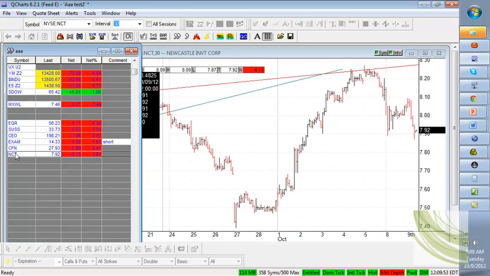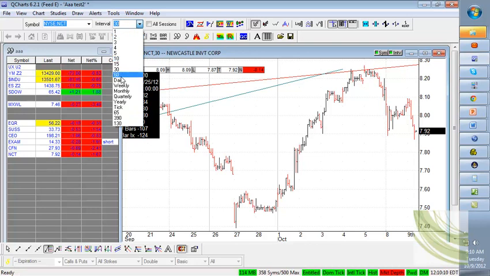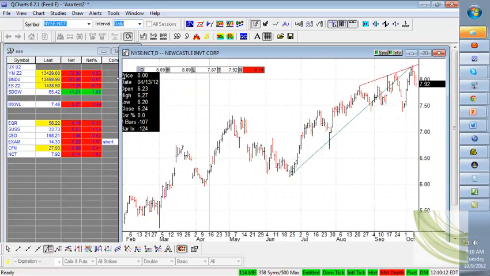Let's see, NCT. See what this one did. Oh, this one did a halfway back, 50% pullback. So, let's see what it looks like on a daily basis. Okay, it doesn't even look like it did any kind of a decent correction unless you look at it from the intraday basis, right?